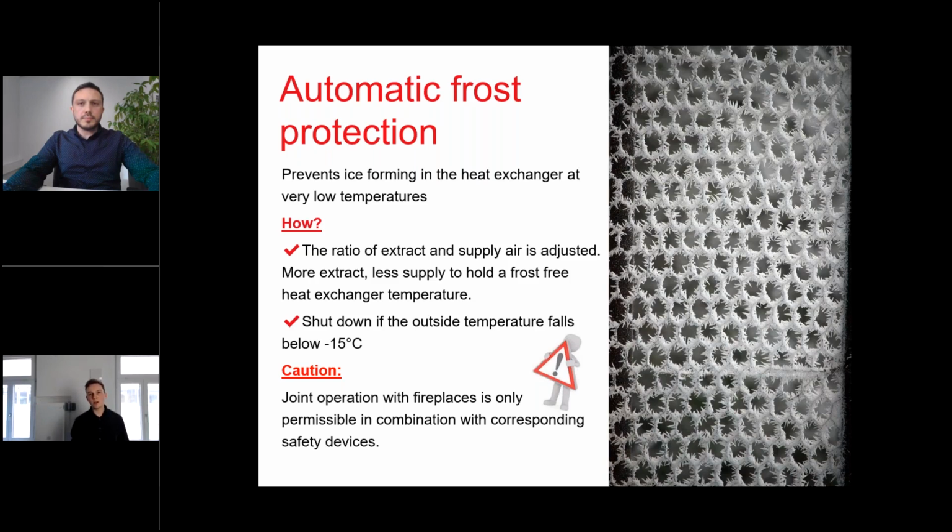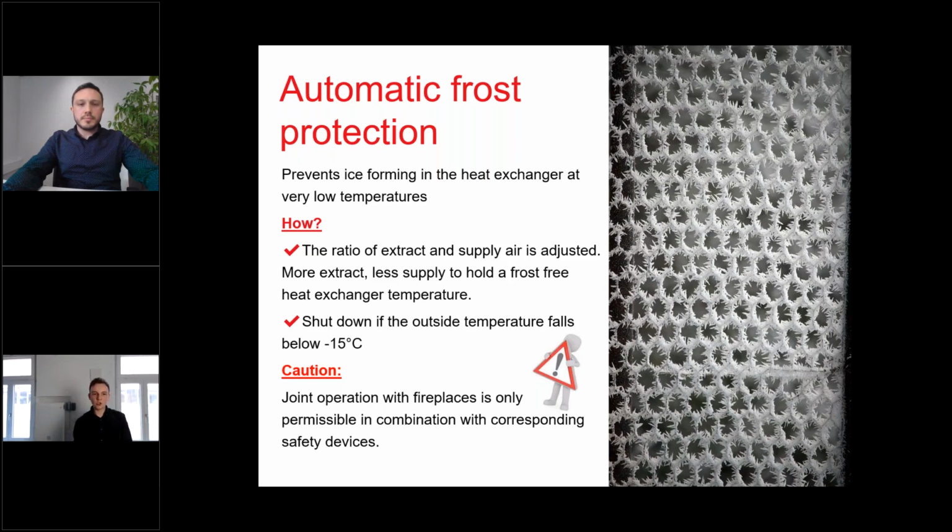Between -5 and -15, we are adjusting the ratio between supply air volume and exhaust air volume. So we decrease the supply airflow while the extract airflow is on a constant level. So we have more warm extract air than cold supply air. So we are going into an unbalanced mode between -5 and -15 degrees.